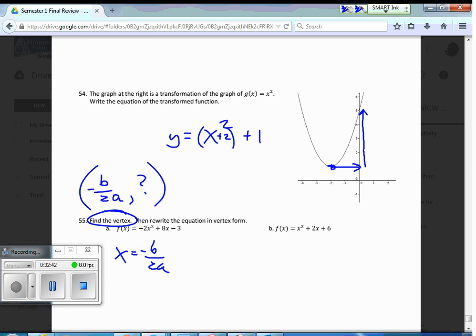So let's find negative b over 2a here. Negative b would be negative 8 over 2a, which is 2 times negative 2. So that's negative 8 over negative 4. So that's positive 2. What did I just figure out? I figured out the x of my vertex. 2 comma what? And then I can take that 2 and stick it in this equation right here. And yes, that's a little bit icky, but once you grind that out, you'll have your y.